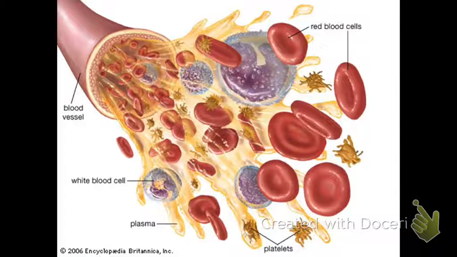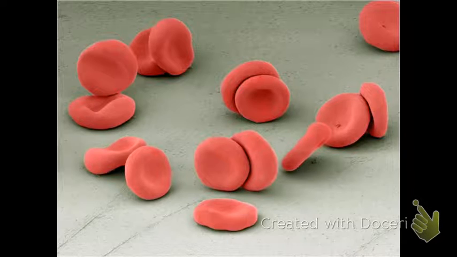Okay, a diagram showing you, so this yellowy part is the plasma. And as you can see, we have different cellular components. So let's take a look at one of them here. These are your red blood cells under an electron microscope. Okay, notice their structure, because we'll be addressing that.